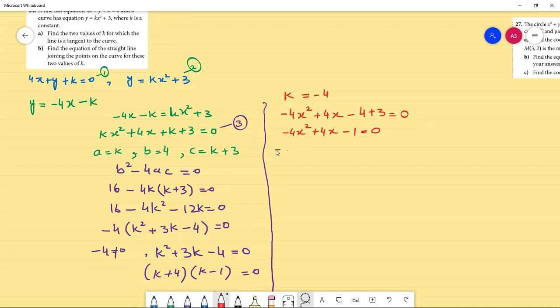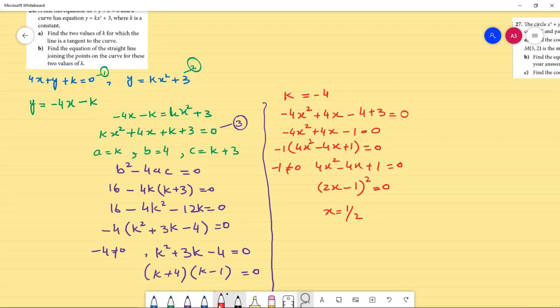Take -1 common: 4x square minus 4x plus 1 equal to 0. We know that -1 is not equal to 0. So 4x square minus 4x plus 1 equal to 0. This can be written in the form of 2x minus 1 whole square. This is the square of 2x, this is the square of 1, and this is the product of both numbers with 2. So 2x minus 1 equal to 0 and x is equal to 1 by 2.